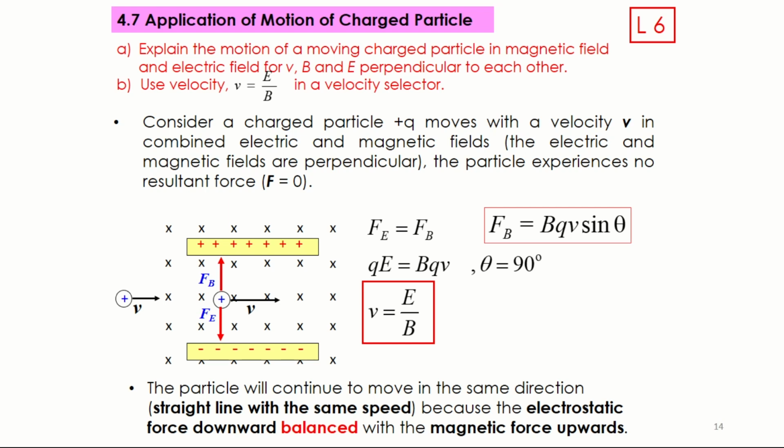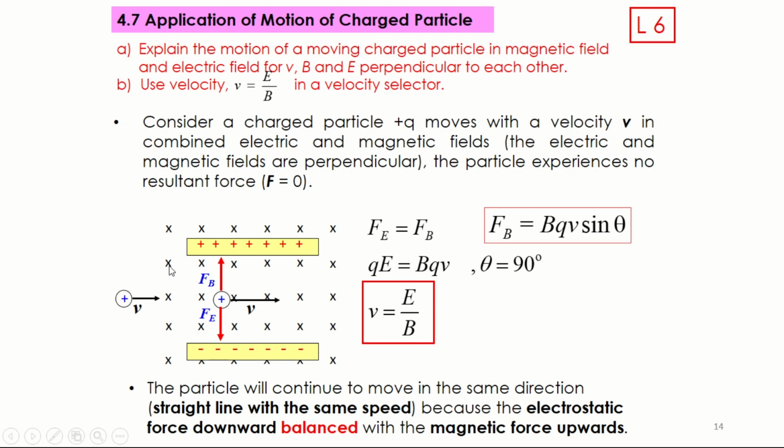Consider a charged particle, positive Q, moving with a velocity V in a combined electric field and magnetic field. The electric field and magnetic field are perpendicular. The cross here is the direction for B, the magnetic field, which means the direction of the magnetic field is into the page.